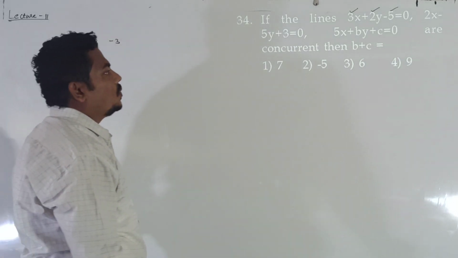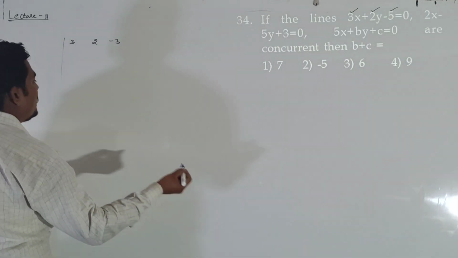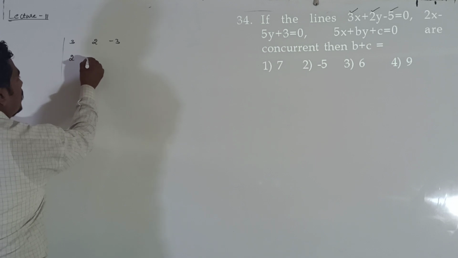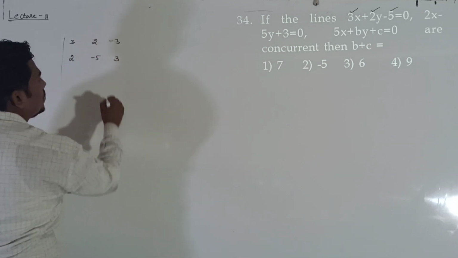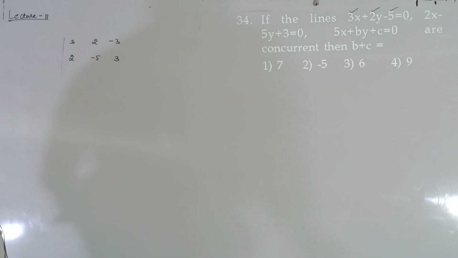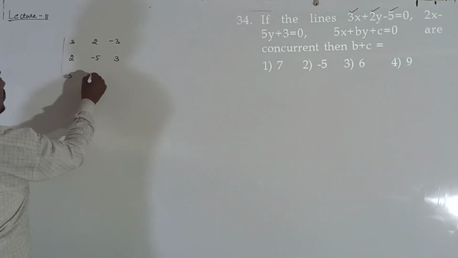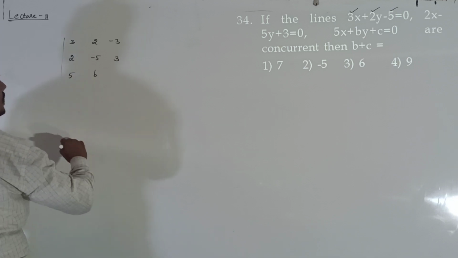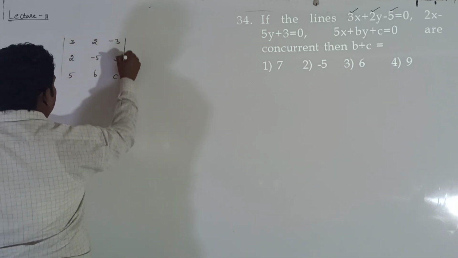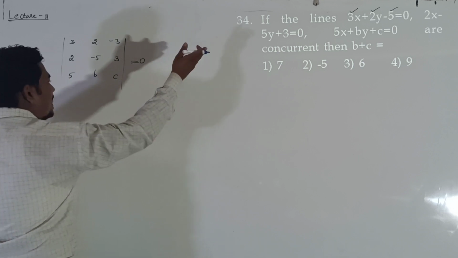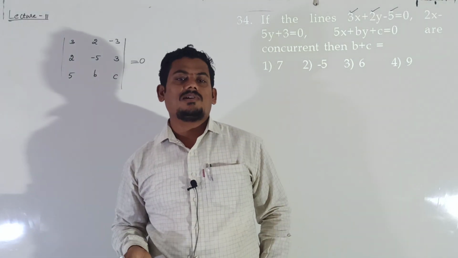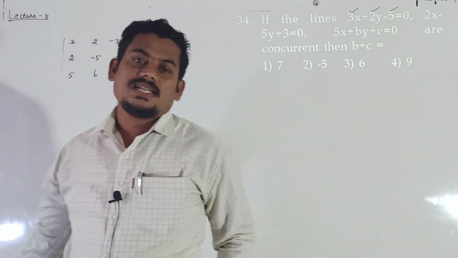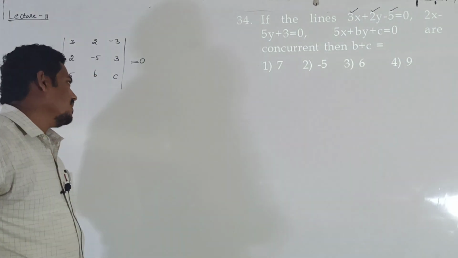Then a2 is the coefficient of x in line 2, that is 2, minus 5, c2 is 3. Then a3, b3, c3: a3 is 5, b3 is b, c3 is c. Clearly these three lines are concurrent, so the determinant of their coefficients is equal to 0. Just expand this determinant, then you get the value of b plus c.